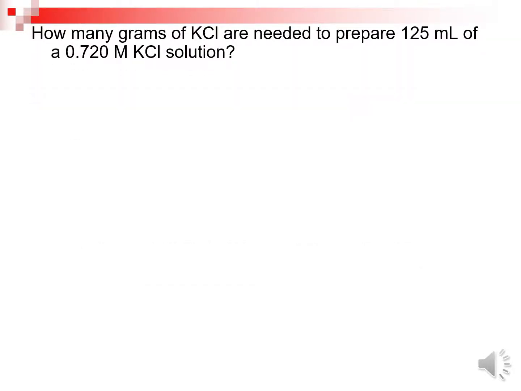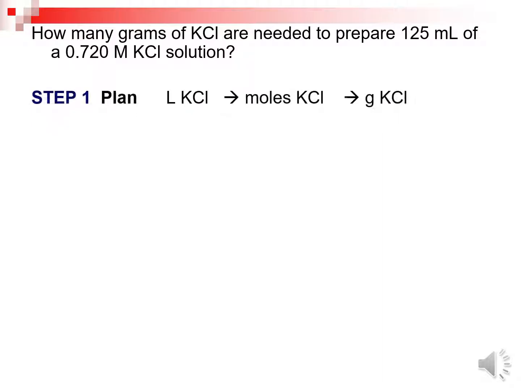How many grams of KCl are needed to prepare 125 milliliters of 0.72 molar KCl? This is a little different. We are trying to go from molarity and volume to grams, and so we're going to take the liters of the KCl, multiply it by the molarity to get the moles of KCl, and then multiply that by the molar mass to get the grams of KCl.